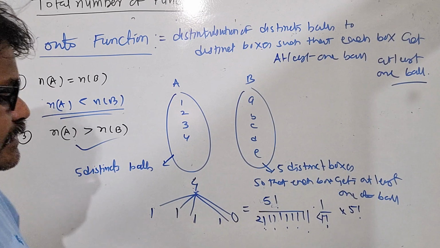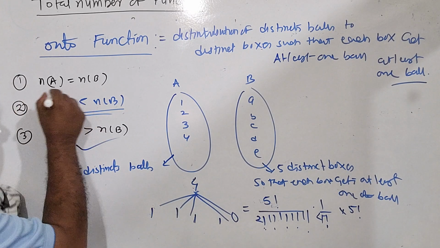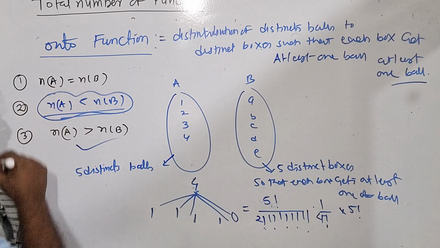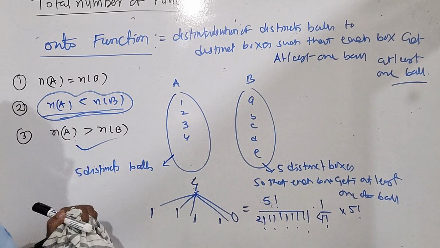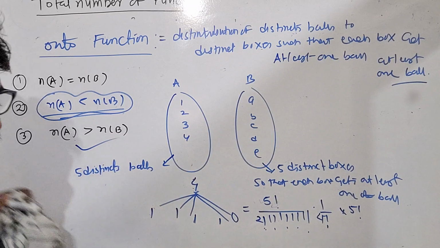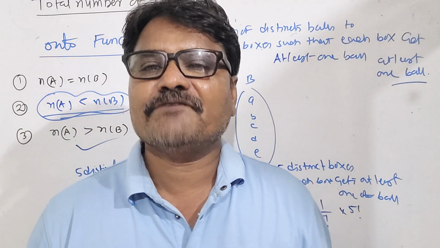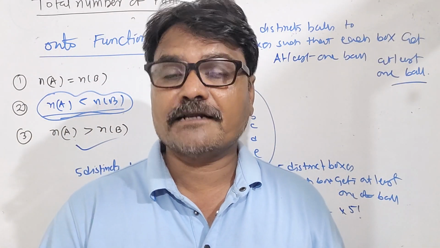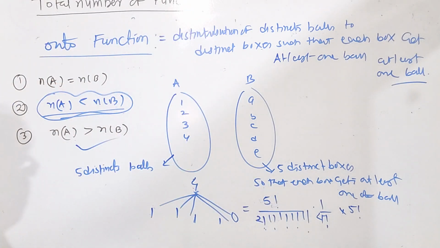So here not even one ball will come. So therefore in that case, when n of A is less than n of B, the number of onto functions is 0, and when n of A is greater than n of B, then the number of 1-1 functions is 0. You have to remember like that, okay? Fine. So this case is also over.